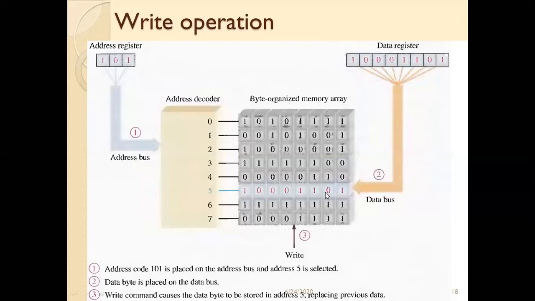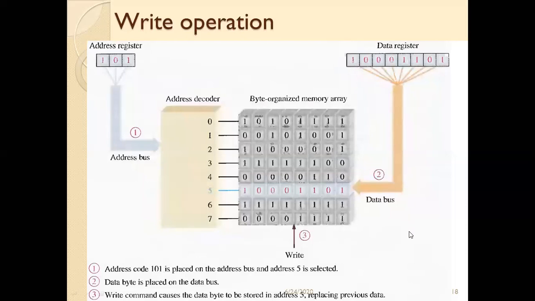Whatever the previous contents of this location were, now they would be replaced by this data. This is the same data which was in the register, and is still in the register, but a copy would be placed over here. And this is 100011101. You can see the same data is here.